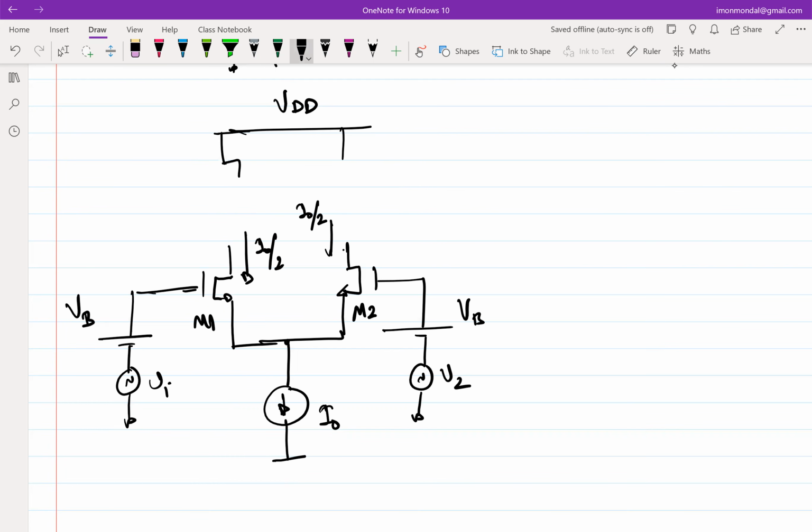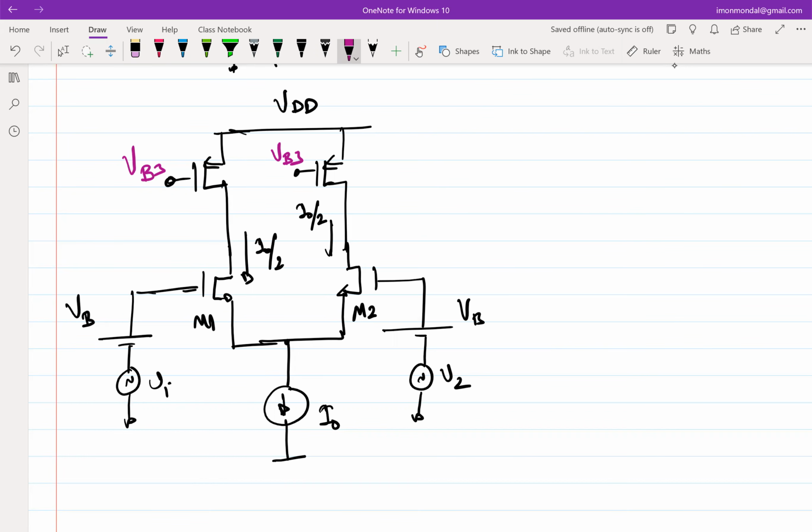So in this case, you can have, and I can bias these voltages, let's say V3.